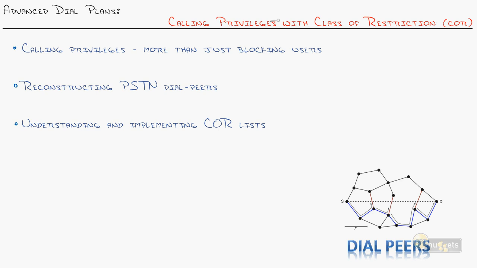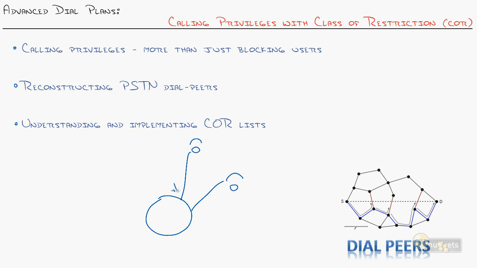Now, what do I want you to do with it? I want you to test it out on your lab equipment. You can apply COR lists. I know in all my examples I had the PSTN connection, but not everybody has the ability to have a PSTN connection. You can apply COR lists to an FXS port. All you have to do is take a router, get a couple of FXS ports, put one phone right here, one phone right here.